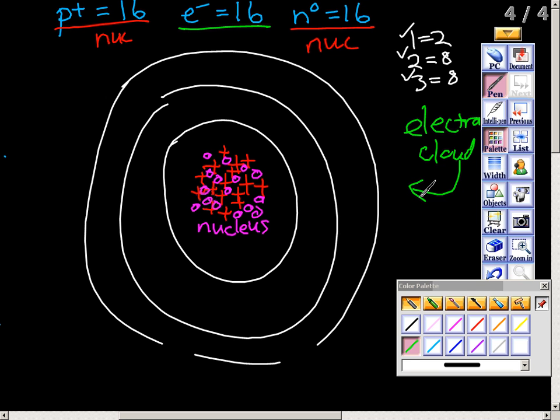So level 1 has 2, and we take our electrons and we always try and put them as far apart as possible because they don't want to be around each other. So 2 in level 1, 8 in level 2.